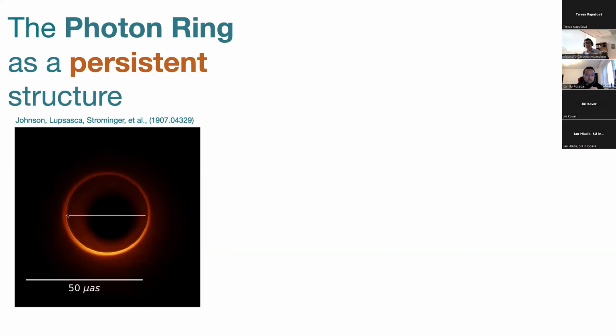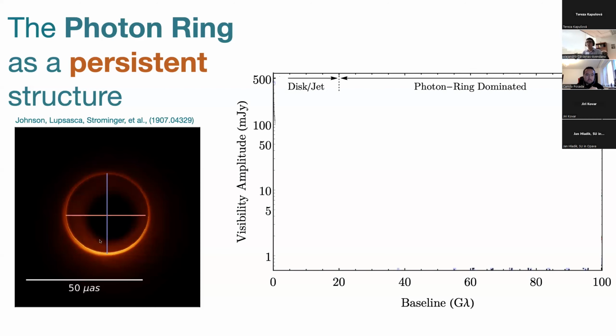So if we make a cut on this image, a horizontal cut or a perpendicular cut, with respect to the black hole spin, we compute the Fourier transformation of this image, we compute then its amplitude, and then we plot it based on your baseline, given a particular observing frequency.